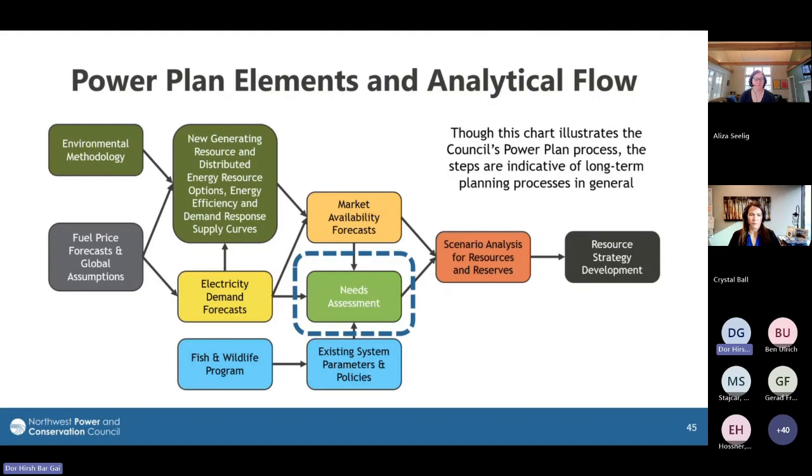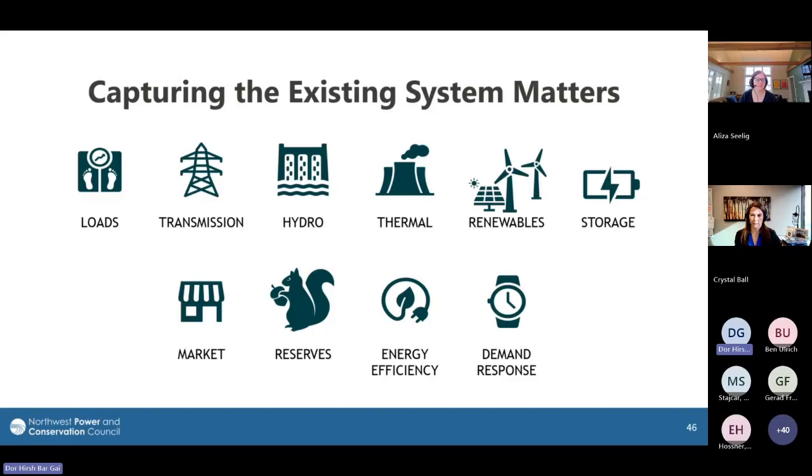And then you also want to test the strategy when you finish. We'll talk about how we test it, but this is the overall flow of resource adequacy. It's a key point in the middle, technically speaking, of a flow, but it's the process you need to do before your resource decisions, and then you test it again.